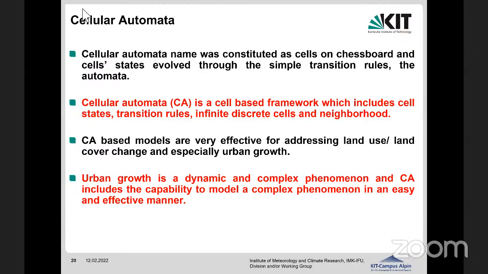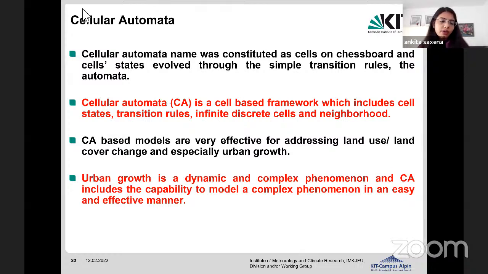So it's a chessboard kind of structure, because any phenomena which can be represented geographically can be represented easily in cellular automata with the help of its states, its transition rules, and its neighborhood.